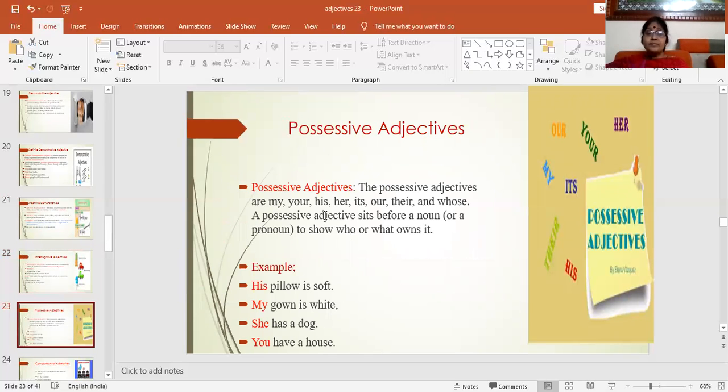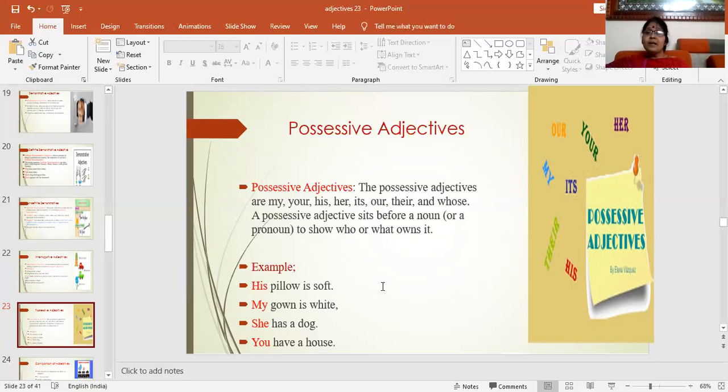Now we have possessive adjectives. The possessive adjectives are my, your, his, her, its, our, their, and whose. A possessive adjective sits before a noun to show who or what owns it.